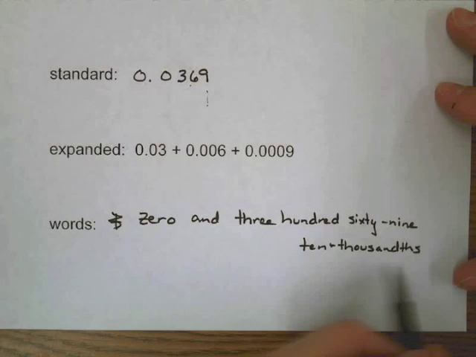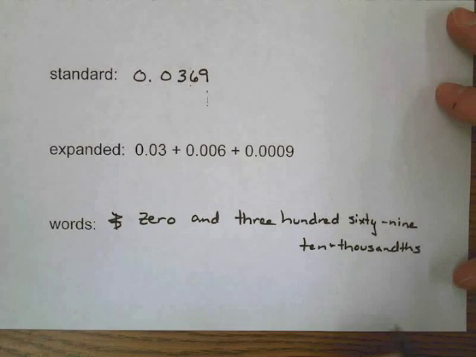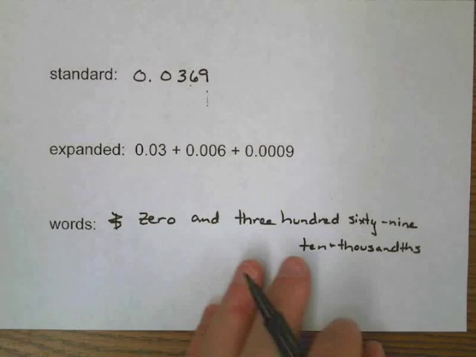Zero and 369 ten-thousandths. That's how I would write that in words. Let's take a look at one more example.